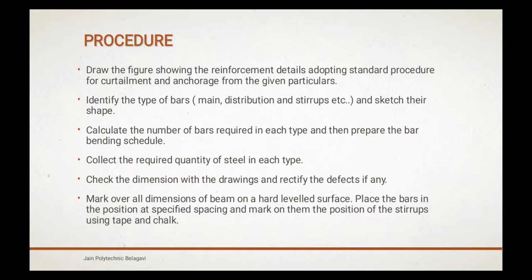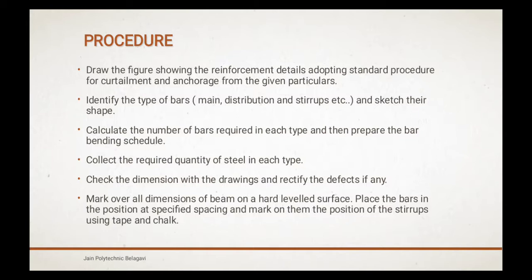Identify the types of bars, main, distribution and stirrups, etc., and sketch their shape. Calculate the number of bars required in each type and then prepare the bar bending schedule. Collect the required quantities of steel in each type. Check the dimensions with the drawings and rectify the defect if any.